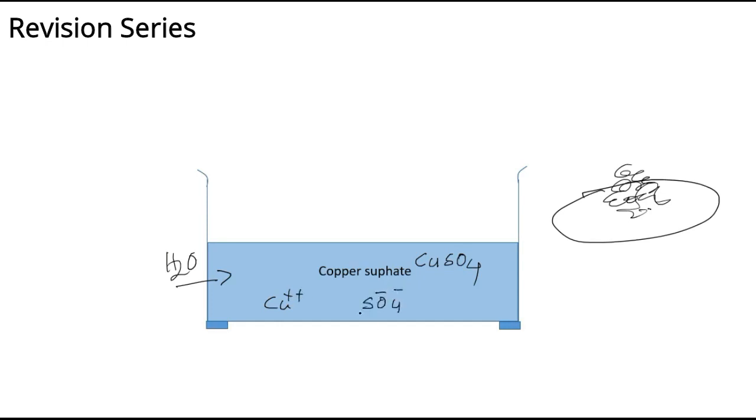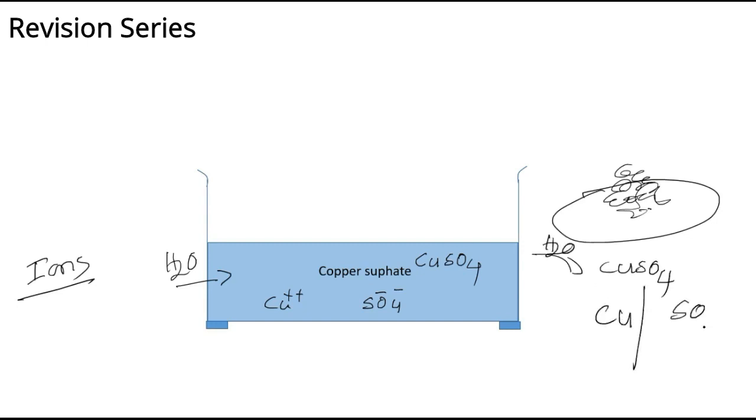So you will find copper plus and sulphate minus ions generated there. So remember this, right? Initially it was together as copper sulphate. The moment water is allowed inside, copper is separated and SO4 is also separated out of this copper sulphate, and they give and take electrons, and copper becomes positively charged and sulphate becomes negatively charged, right?